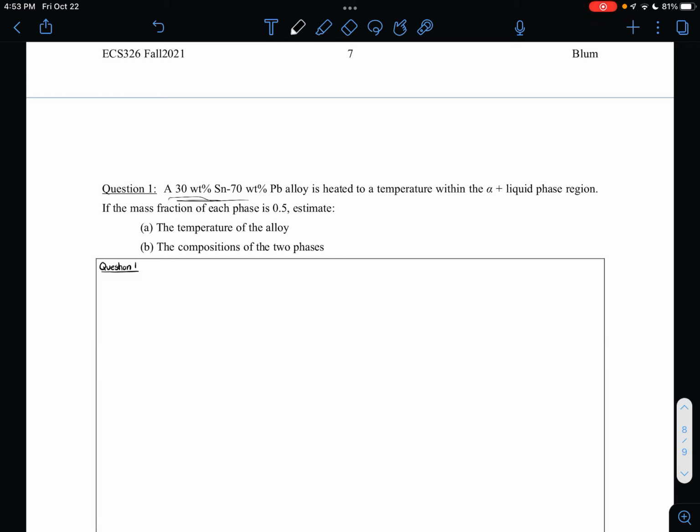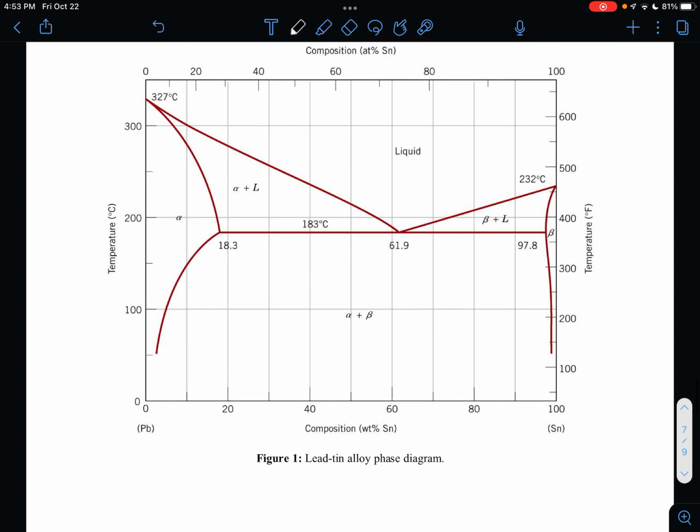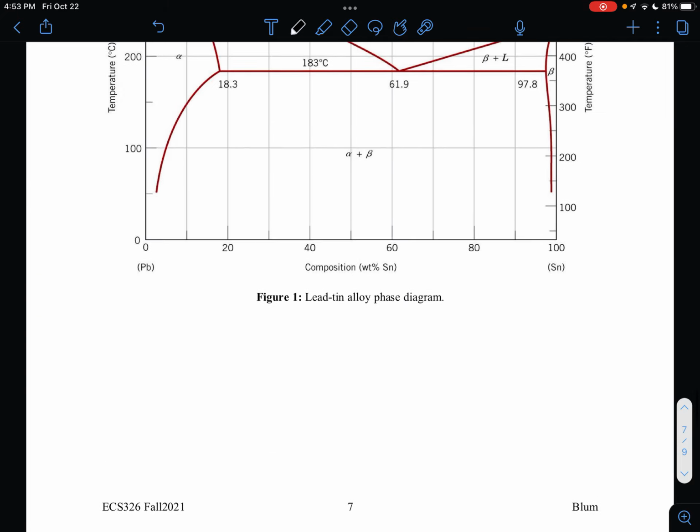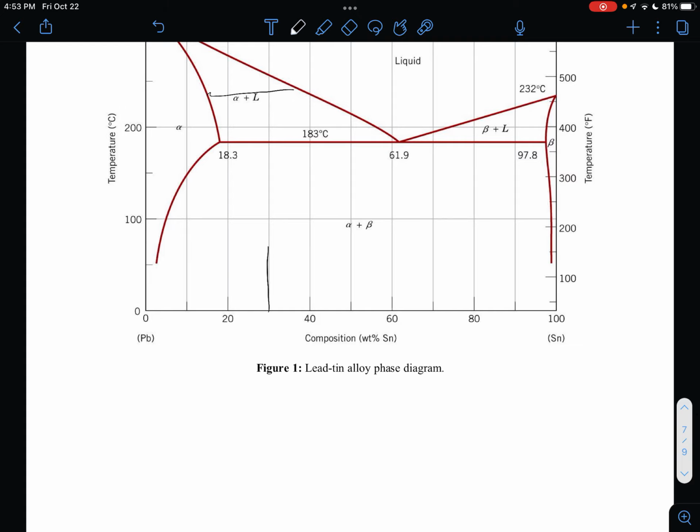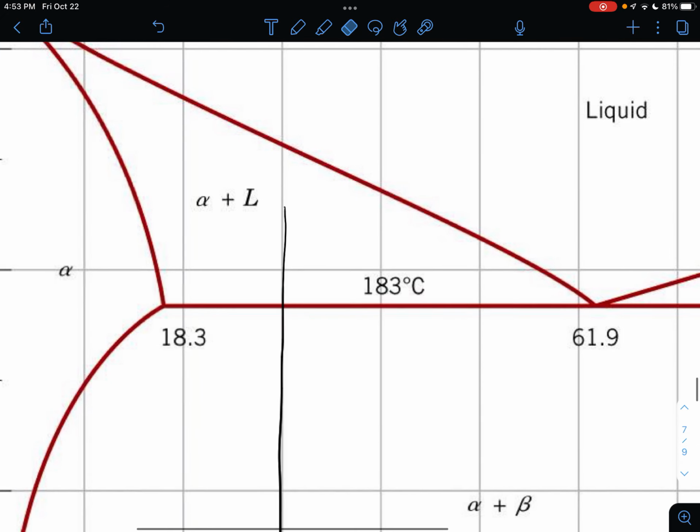The mass of each fraction is 0.5. So for this one, we're just eyeballing it to see where it looks to be about halfway between. So we're looking for 30 and 70. So 30% here, and we're eyeballing it to see where it looks to be about halfway between each side. So that and that.